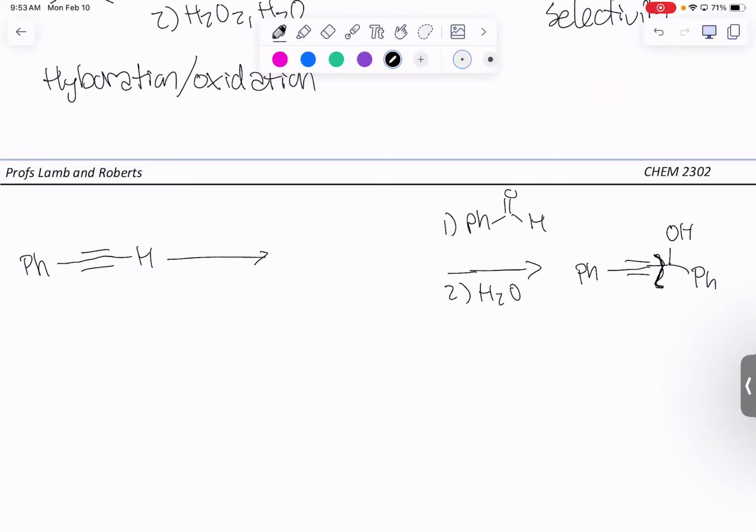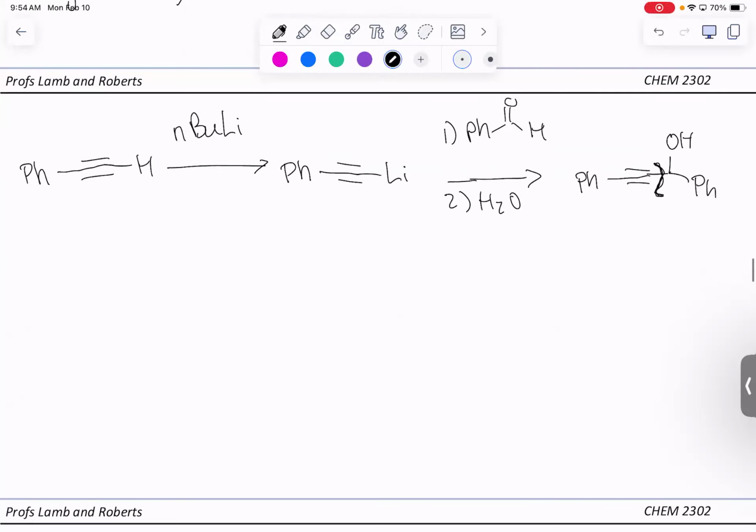So we might add some other organometallic like n-BuLi as a base, and then we could make the lithium salt of that, and that would be our sequence to make that molecule. So I thought backwards from the end point, that final product that we would want.